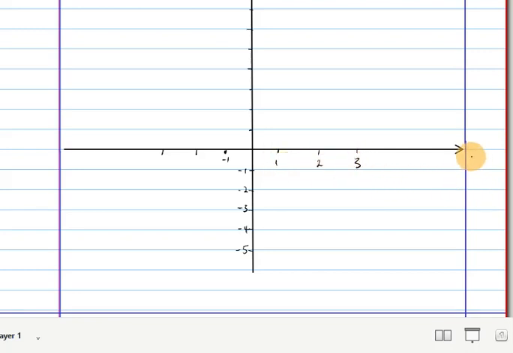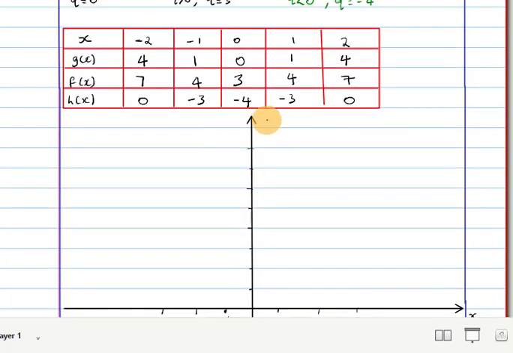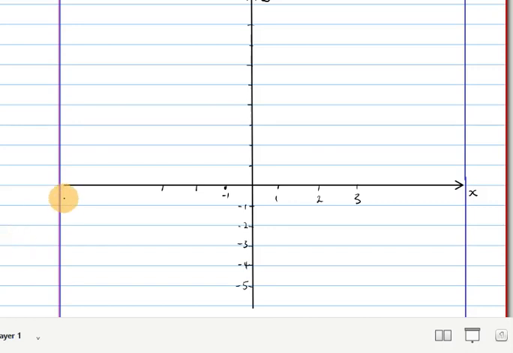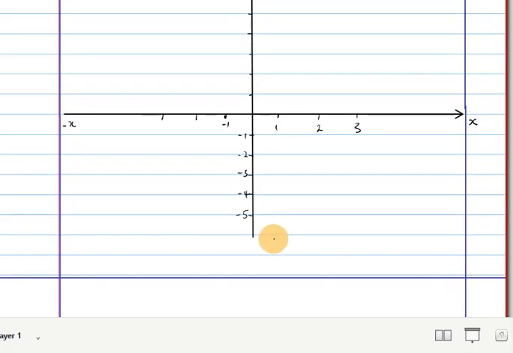Please make sure that you label it. It becomes X. My Cartesian plane was not well labeled. So here are positive values of X, positive values of Y. Here are positive values of X, and here negative values of X, and on the other side negative values of Y. So it goes to infinity in both directions.